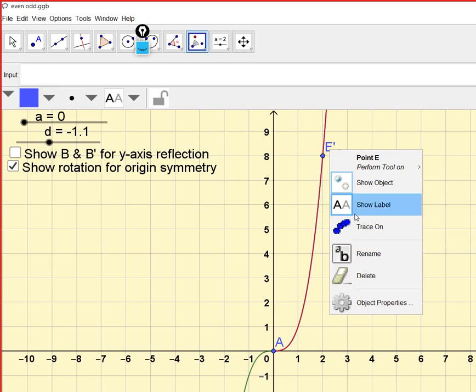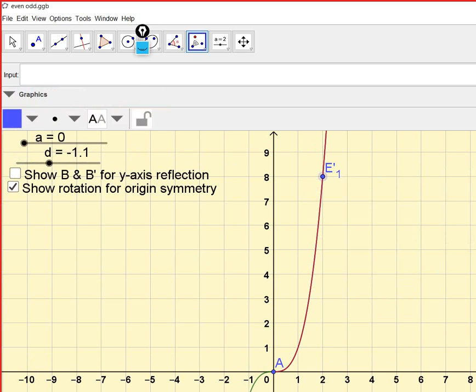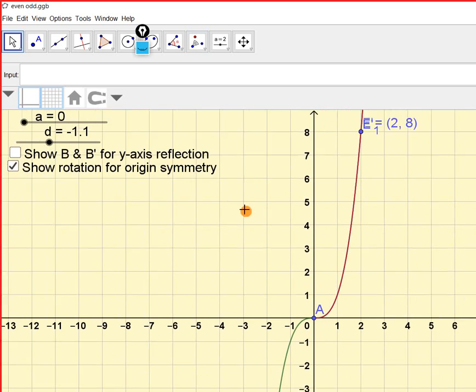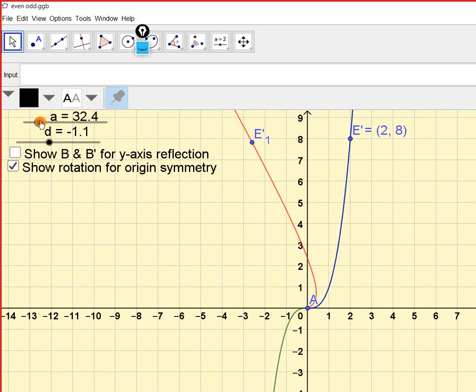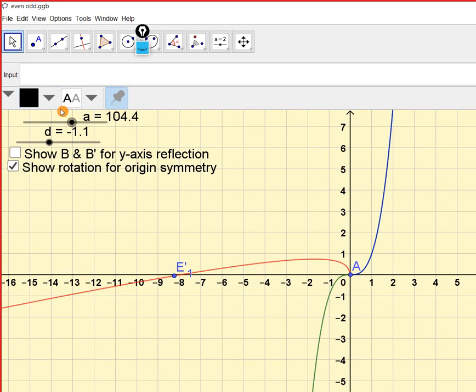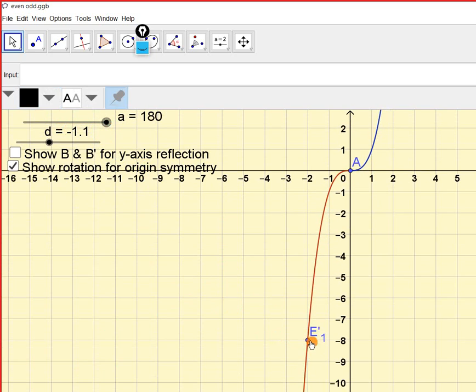So E prime right now, if I look at its object properties and go look at its ordered pair, it's (2, 8). Okay, when I rotate, and it comes down here, what's the ordered pair there?